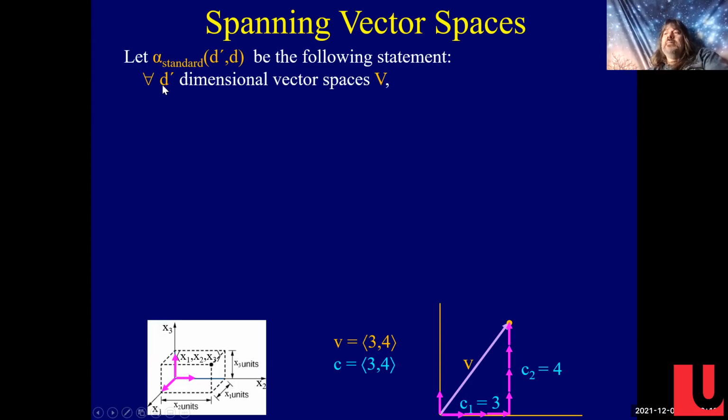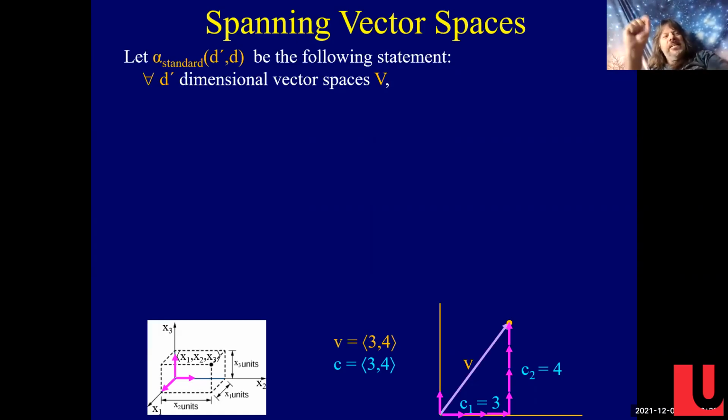Given D prime, you give me any D-dimensional vector space, right? Any vector space at all. It could be a combination of weird objects, but then you have to think, well, what makes it D-dimensional? That's sort of a question.